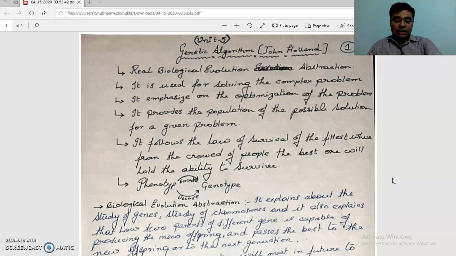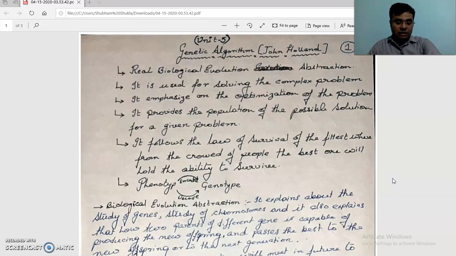Remember that after the two parents meet, they produce an offspring, and when those offspring meet each other, they produce the next generation. That next generation, when it meets in future, produces a much modified as well as the best solution for that particular problem.